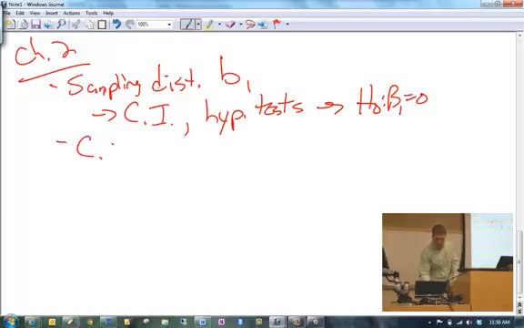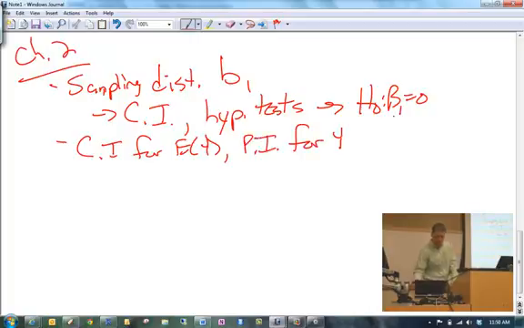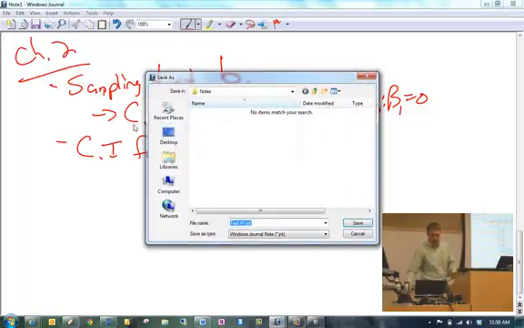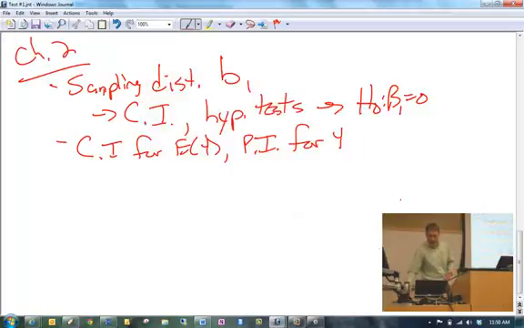And we also talked about confidence intervals for the expected value of y and prediction intervals for y. Understand how to actually do the calculations. Understand, well, why would one want to use a confidence interval here versus a prediction interval here? Well, again, it depends upon what you're after. Are you after the mean or are you after the random variable?